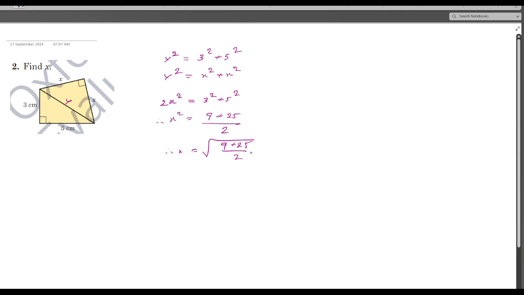So 9 plus 25 is 34, divided by 2 is 17, and square root of that is 4.12. So x is 4.12. Unit is centimeter.